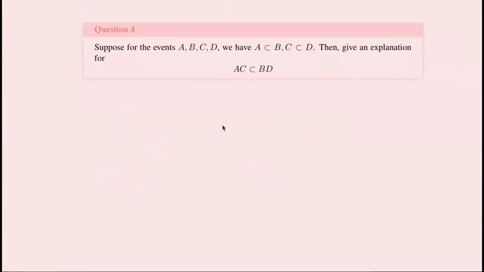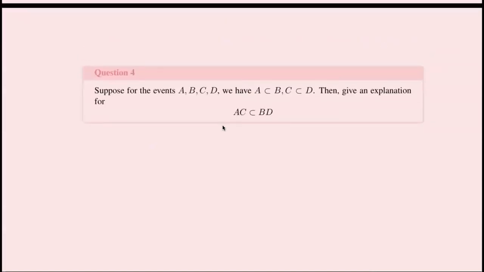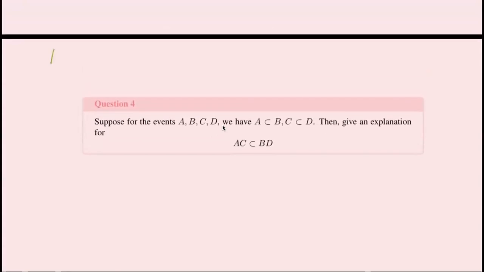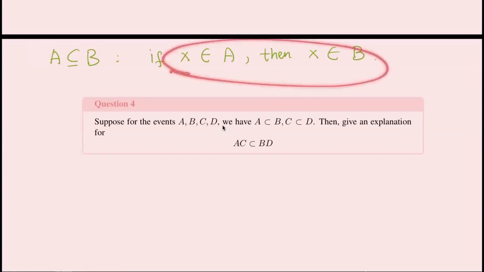So you want to show that some set is a subset of the other. And if we recall it, we have A is subset of B. And what does it mean by that? It means that if there is an element that is in A, then that element is also in B. So we want to show this for every element in this set.